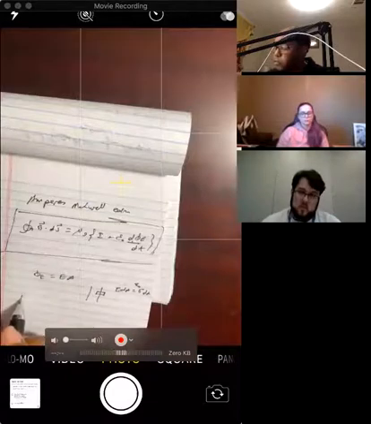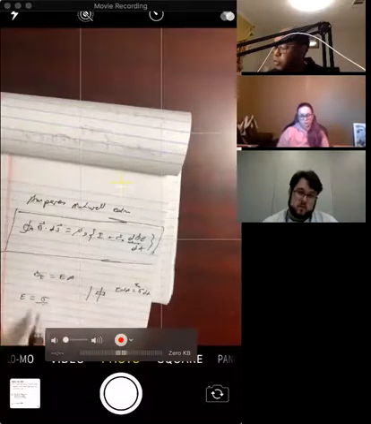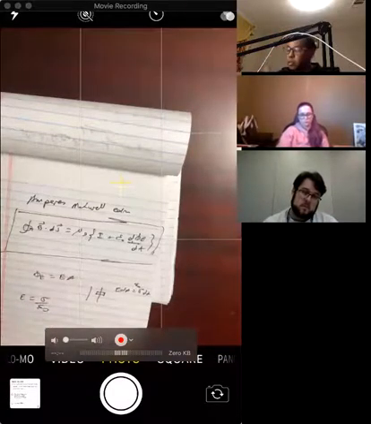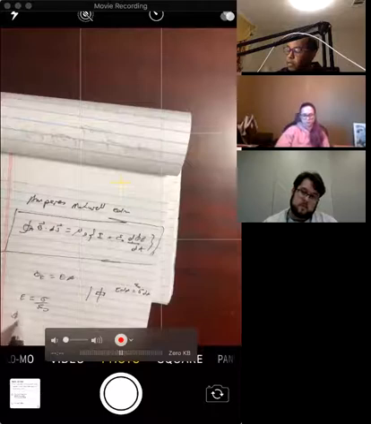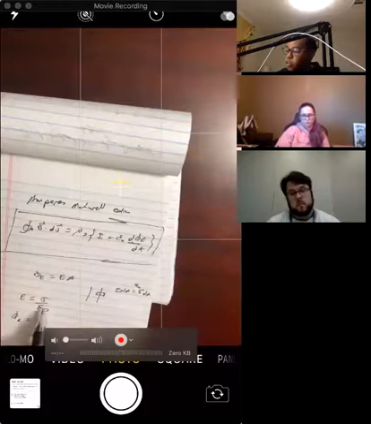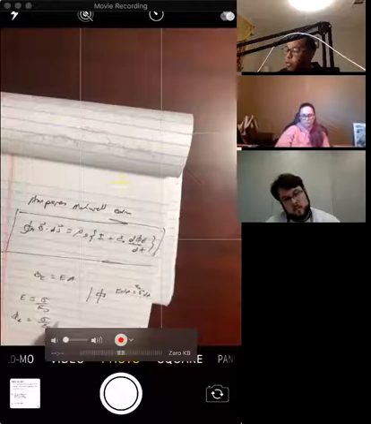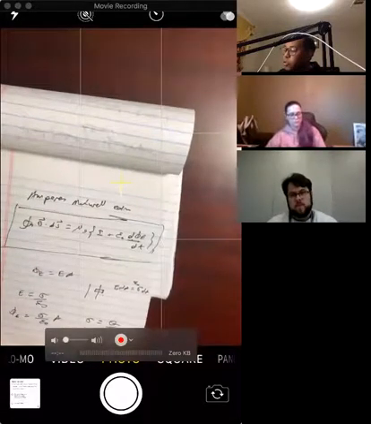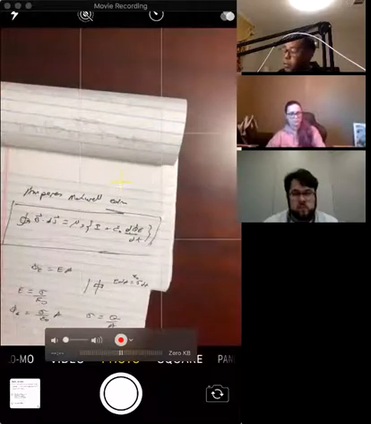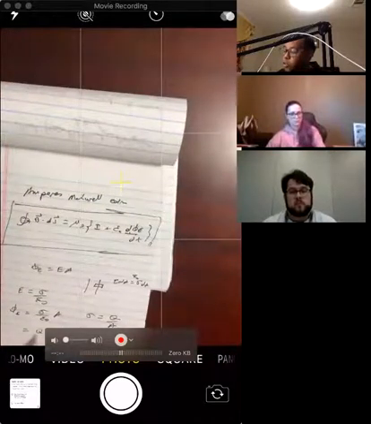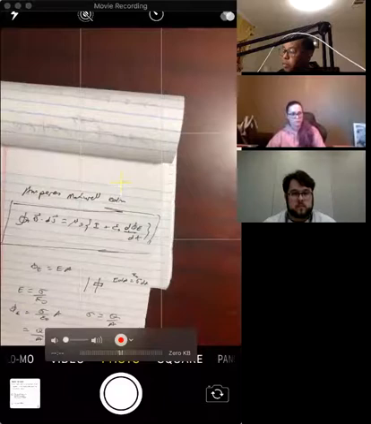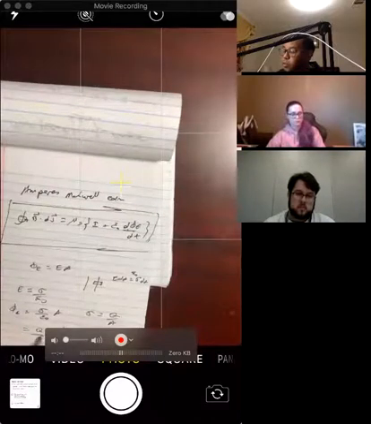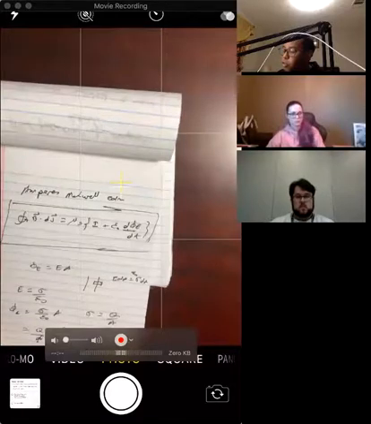So the electric field is the charge density divided by epsilon, right? So the flux is this charge density over epsilon times area. What is charge density? Charge density is charge divided by area, right? So you've got epsilon, you've got area over here, this goes away. So this is simply charge divided by epsilon, right?